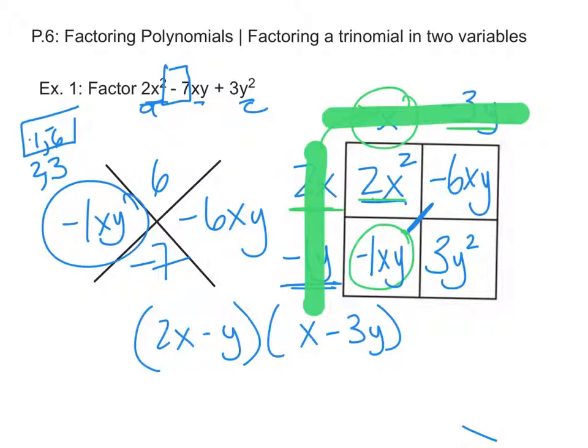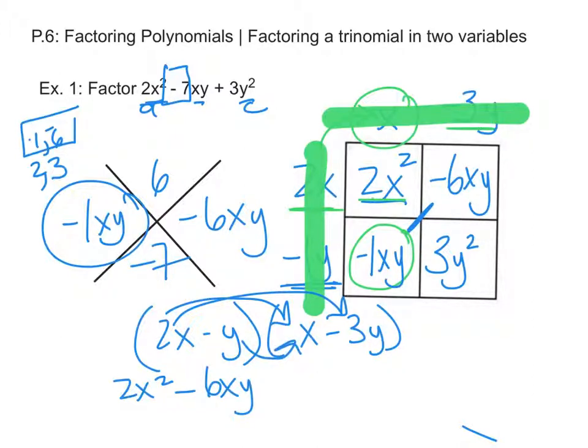And if I want to do my check, I would use FOIL. 2x times x gives me 2x squared. 2x times -3y gives me -6xy. Y times x gives me -xy. And y times -3y is going to give me positive 3y squared.